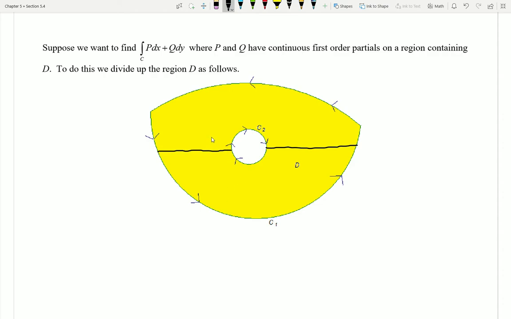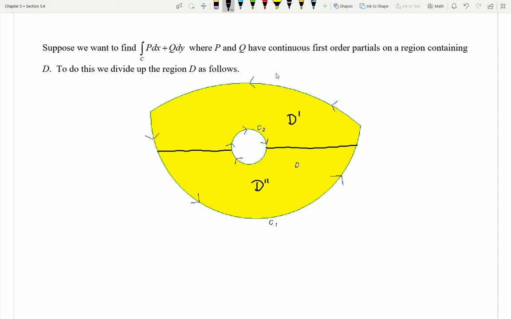If I have these two lines, I'm going to define some additional curves and spaces. First off, I'm going to refer to this upper region as D1 and this bottom region as D2, or I'll do them with primes: D prime, D double prime, standing for space 1, space 2. Now, I can also see that my curves got split. C1 now has two portions.